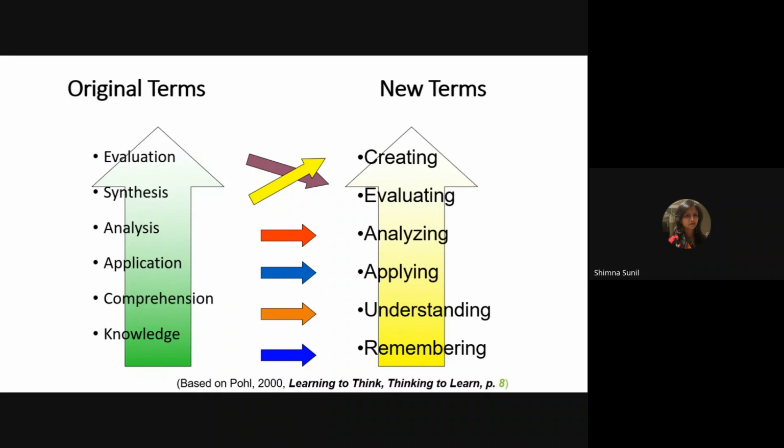Thumbs up, so that I know you're all with me. Yes, thank you so much. Thank you, friends. So that is one understanding, that is about BRT. That is the last two levels, synthesis and evaluation. Synthesis is taken away, evaluation takes its place, and a new skill is put there, that is creating.